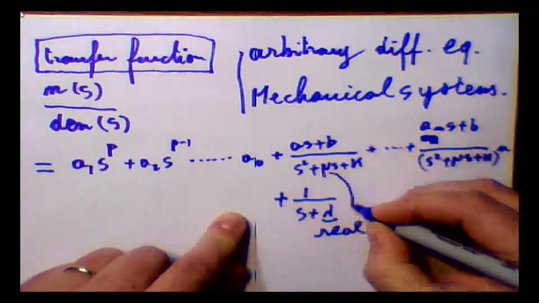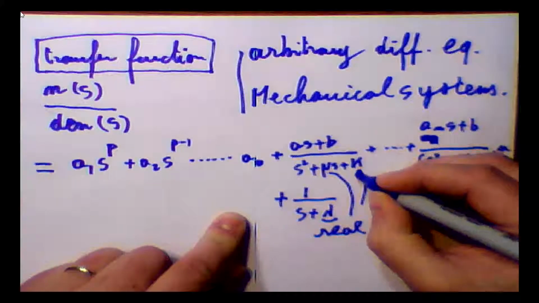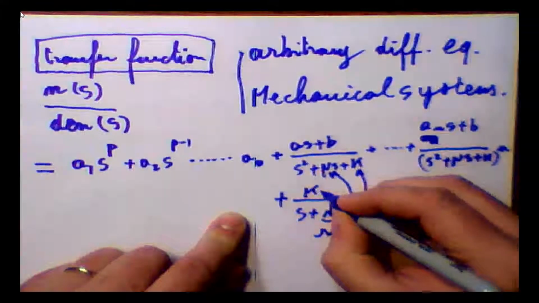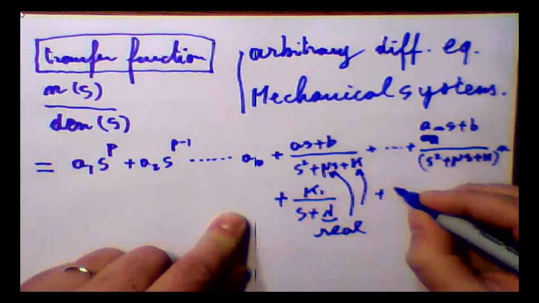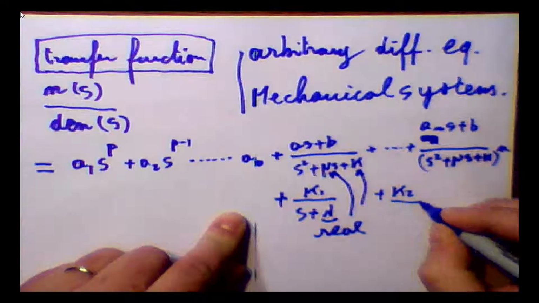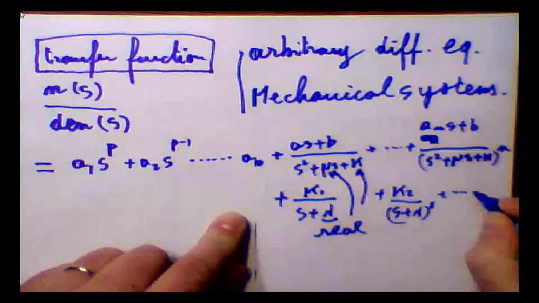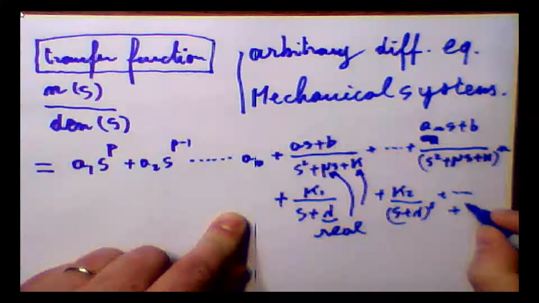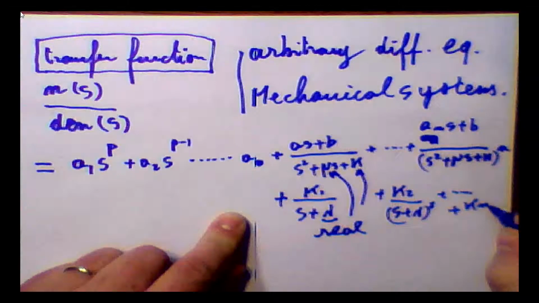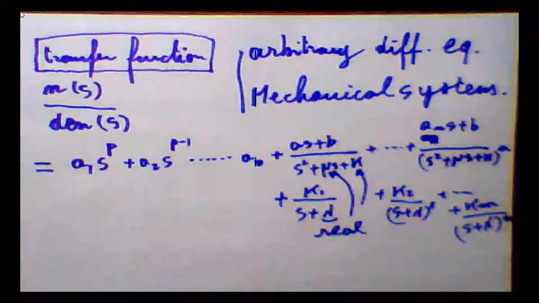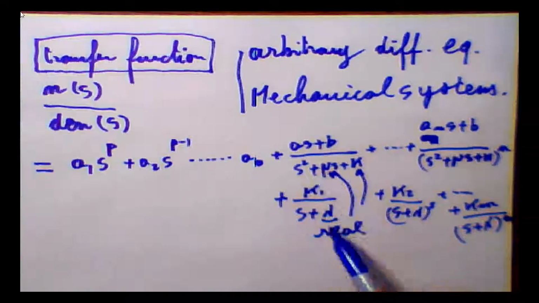And by the way, so are mu and K. Or to be more precise, K1 over (S plus lambda) plus K2 over (S plus lambda) squared plus and so on, plus Km divided by (S plus lambda) to the power M. Now there can be a bunch of these terms.